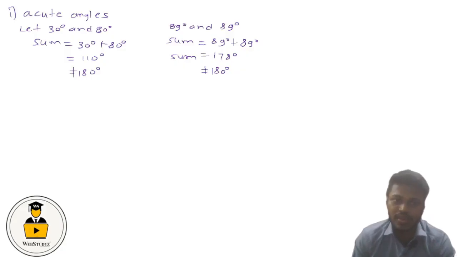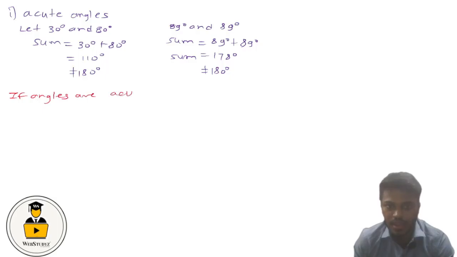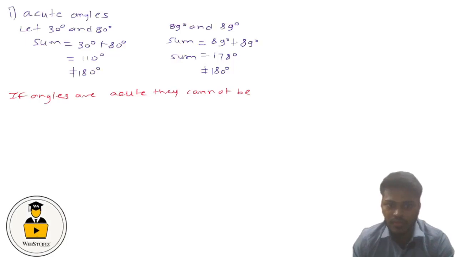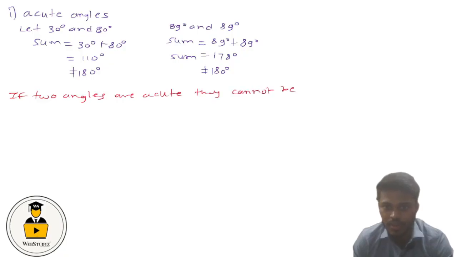So from this we can say that if two angles are acute, they cannot be supplementary.